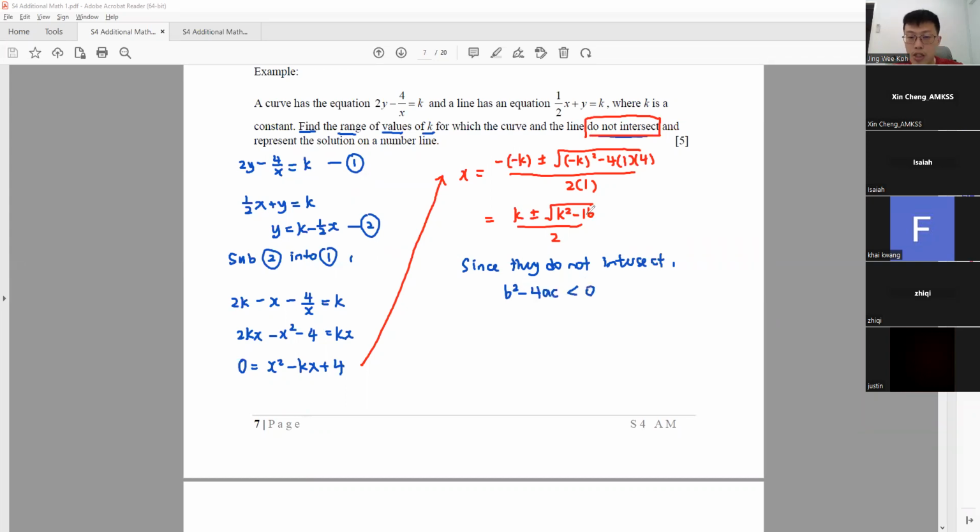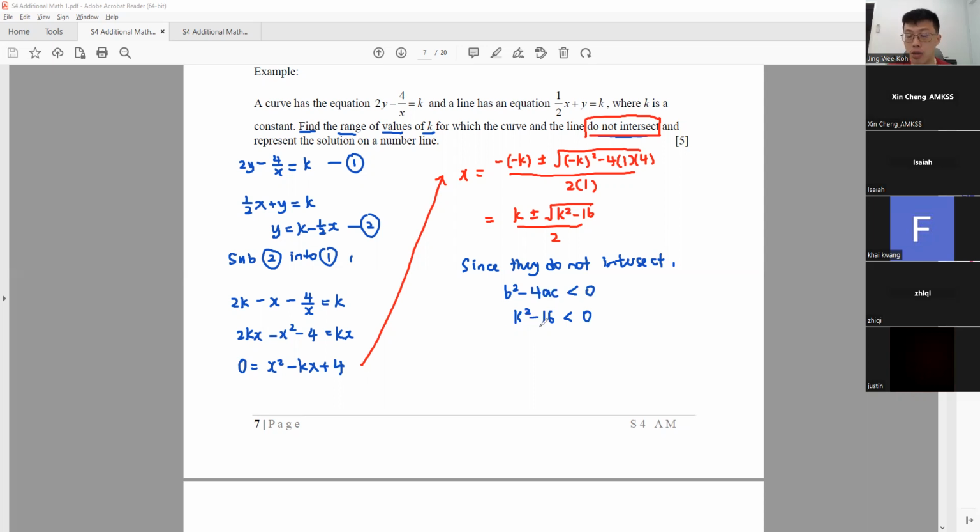You can see the discriminant is actually the k squared minus 16. The red one is not needed. However, if you don't feel very comfortable jumping from this to this, please go ahead and use your quadratic formula and understand what is going on. I don't want any x answer, so this thing in the square root must be a negative number so that when I square root the negative number, I get math error.